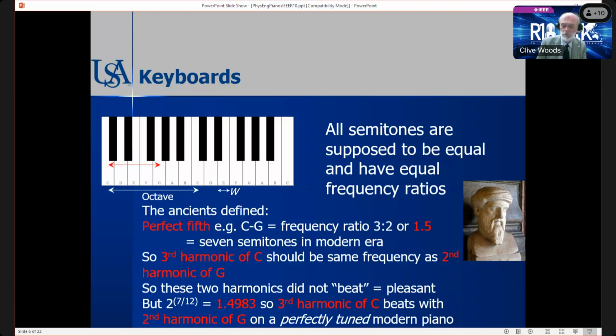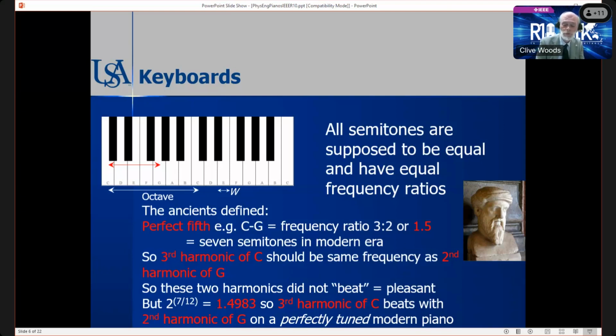Many of you will know this is the problem caused by what's called equal temperament. It wasn't always so. Back before the days of Bach, people worked out all sorts of ways of tuning pianos so that some of the perfect intervals that the ancients had worked out could be tuned exactly.